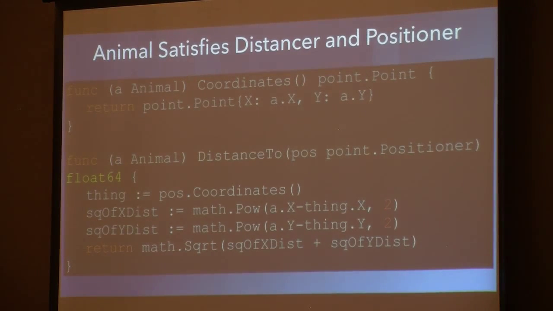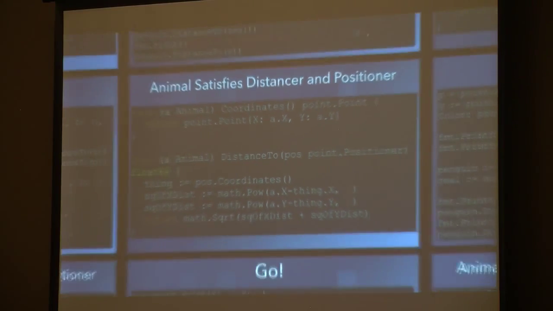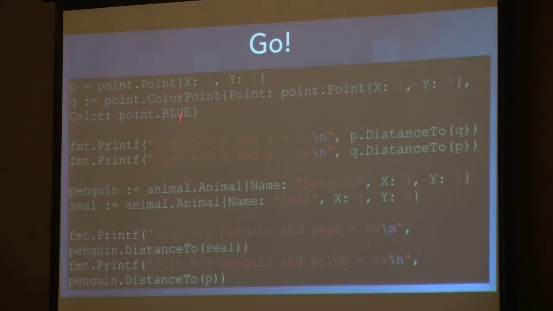But now, by virtue of implementing those methods, I can actually use this type in any of the contexts that expect those. So I can use points and color points with distances. I can also use animals. I can say, hey, what's the distance between a penguin and a seal? Or what's the distance between a penguin and an arbitrary point on the map?